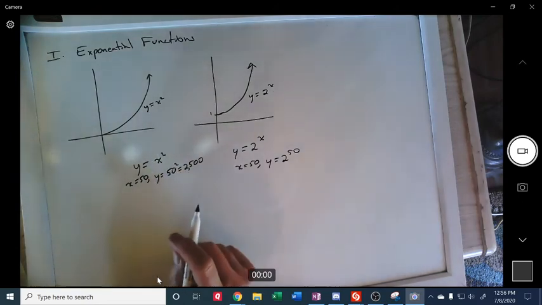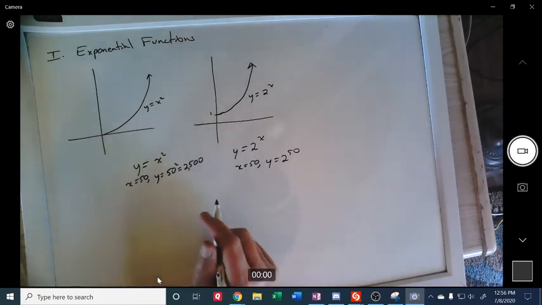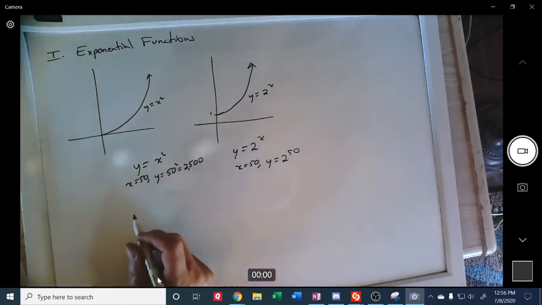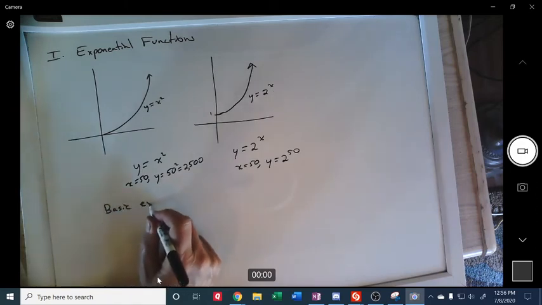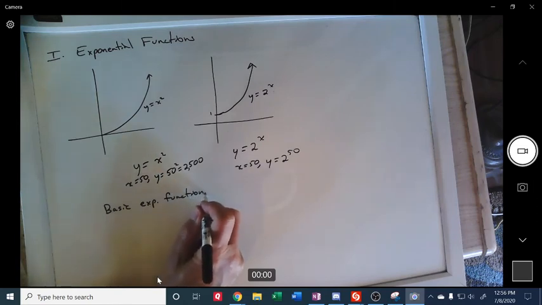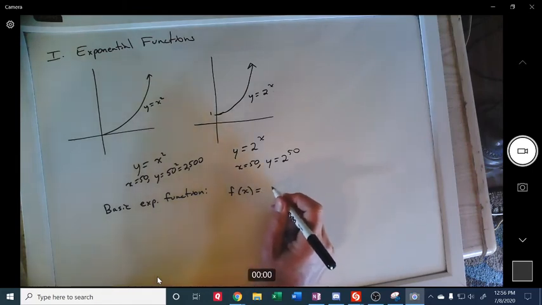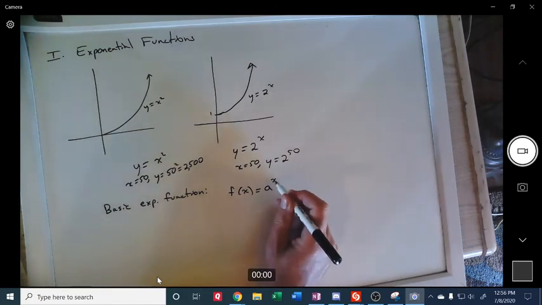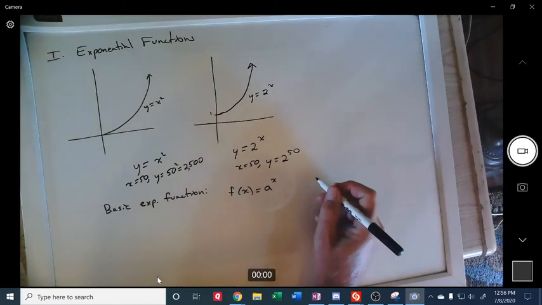Okay. And when we look at a basic exponential function, it looks like this. F of x is a to the x. And just review some of the basic facts.